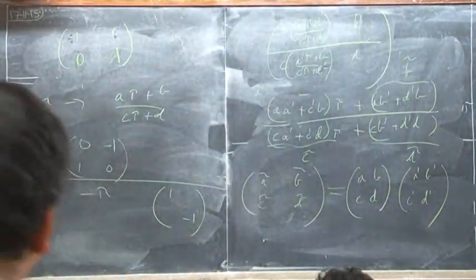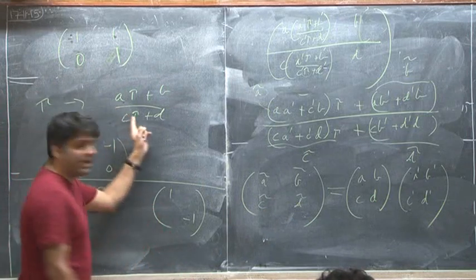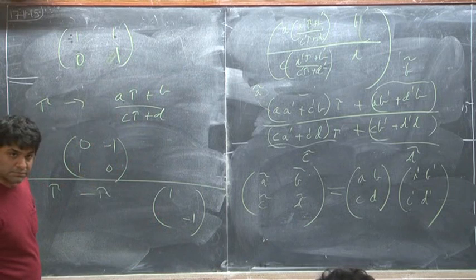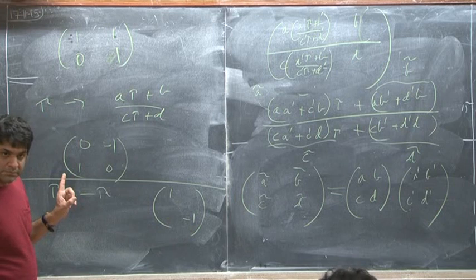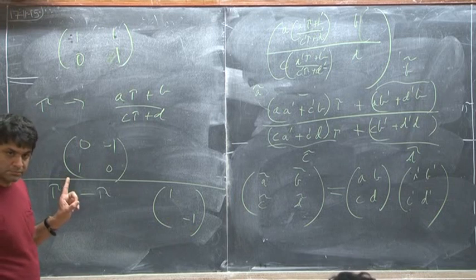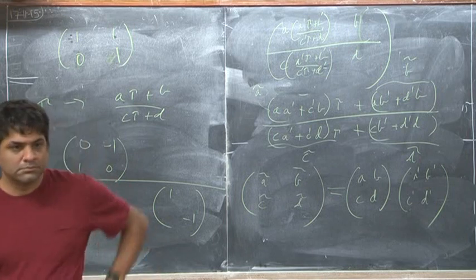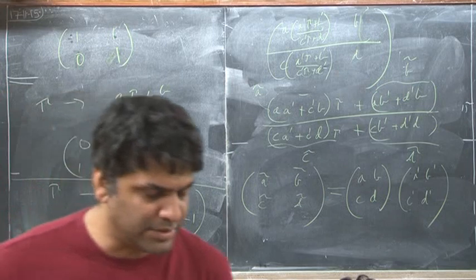You also need an overall scale transformation. Yes, all of these will generate an overall scale. Do these two generate SL2Z completely, or do you also need something else? No. These two completely generate it.